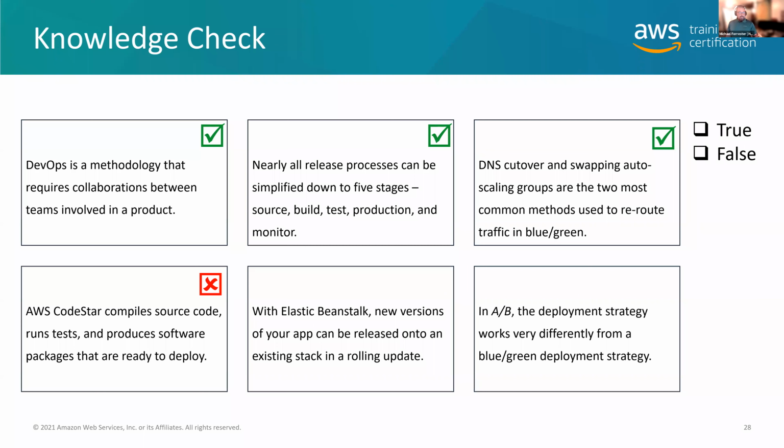Yeah, that's true. We can do that. That's not a problem. We can also create a new environment and just cut over one version to the next. We can do all kinds of stuff, right? You can do in-place upgrades. You can do a rolling update. You can do a rolling update with additional batch, which is where you actually add additional systems and roll them all out, so there's no loss of capacity. So yeah.